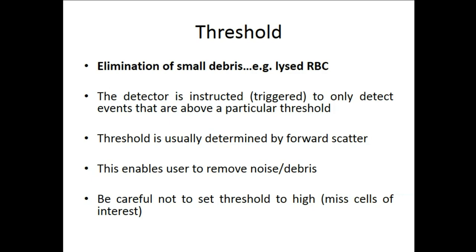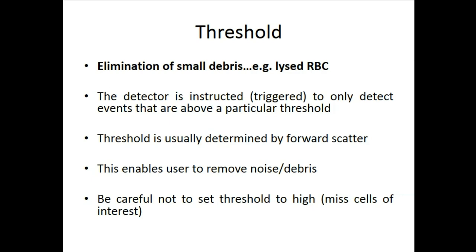So the concept of threshold is that the detector is instructed to only detect events that are above a particular threshold. And just to note, the threshold, generally speaking, not all the time, is determined by forward scatter.